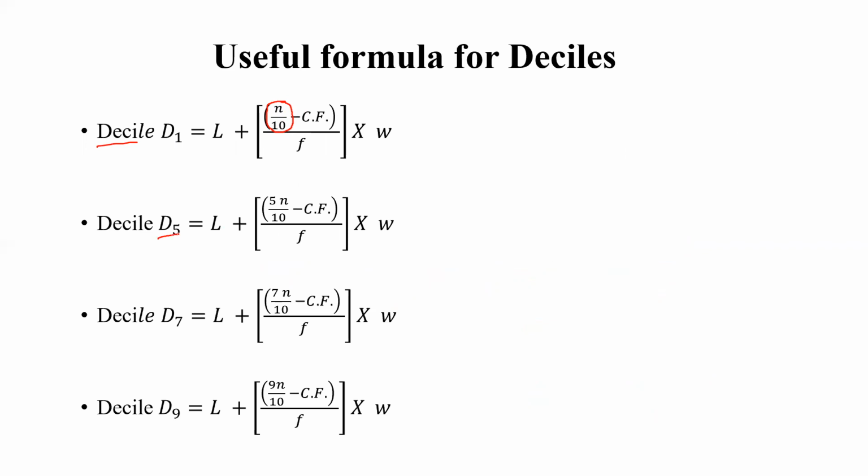Here D5 we are calculating, so 5n divided by 10, and D7 we are calculating 7n divided by 10, minus cumulative frequency, and D9 is 9n divided by 10. And the rest of the concept, as we have discussed for median calculation, would be the same. Only we have to focus on n by 10. Why? Because these are the deciles.